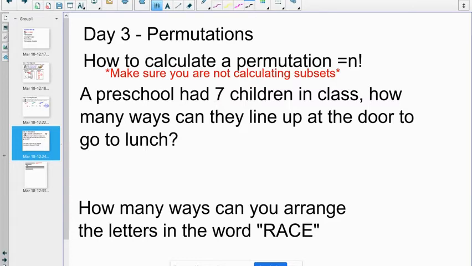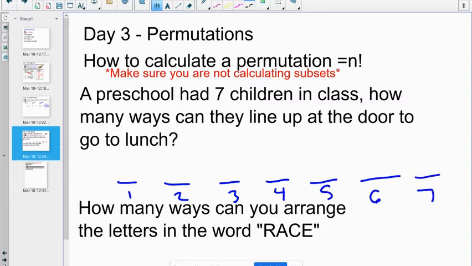Now we're calculating permutations. A preschool has 7 children in class. How many ways can they line up at the door to go to lunch? We're going to have 7 slots because there are 7 spots in that line: first, second, third, fourth, fifth, sixth, and seventh. For the first spot, there are 7 choices because there are 7 kids.